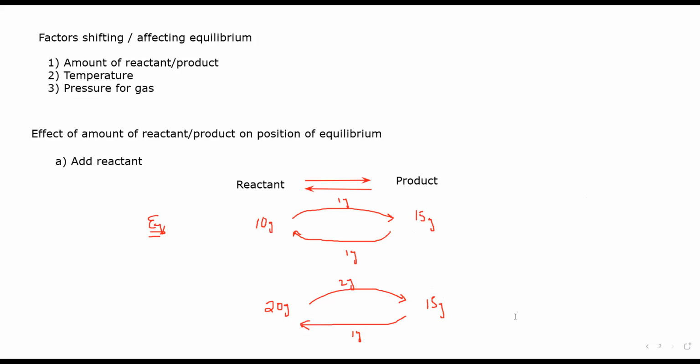So when we add reactant, equilibrium, in short I'm writing EQ, is shifted towards right or forward. And if equilibrium is shifted towards right, what will happen to the yield? The yield or amount of product will increase.